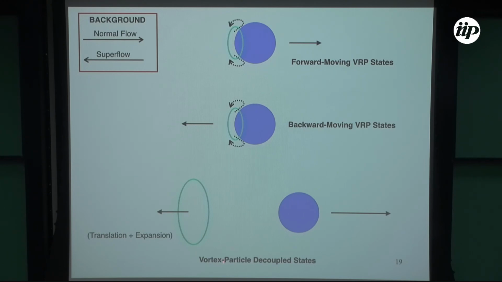Let's call these vortex particle decoupled states. And in this case, the vortex ring will enlarge because you have a Magnus contribution to the velocity, which is perpendicular to the horizontal translation velocity. So we have these 3 states. We want to see when you get each one of these for different parameters in your phase space.